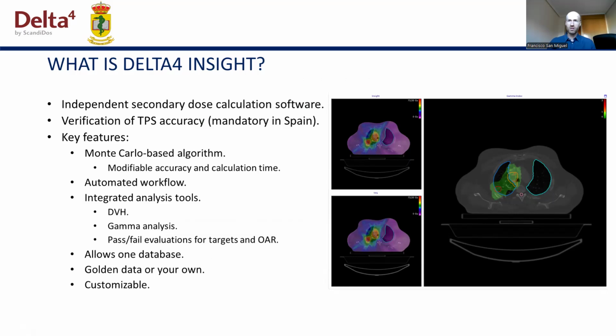The primary function of the software is not to replace the TPS, but to check that the TPS dose calculations are correct under clinical conditions. Results can be compared to the TPS dose distributions and used to evaluate plan quality. It is important to mention that this comparison is mandatory in Spain.